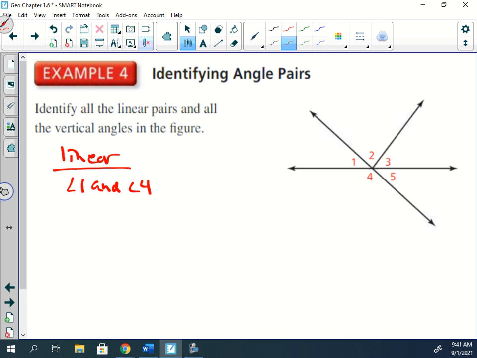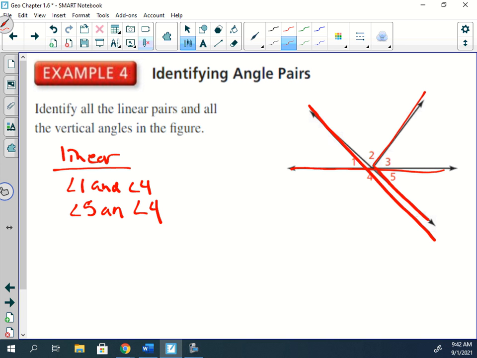Any others? Almost. Because I would say 5. But yes, 4. Does 4 and 5 make a straight line? Yes? 1 and 4 make a straight line. 3 and 4, 5 don't. They don't make a straight line.